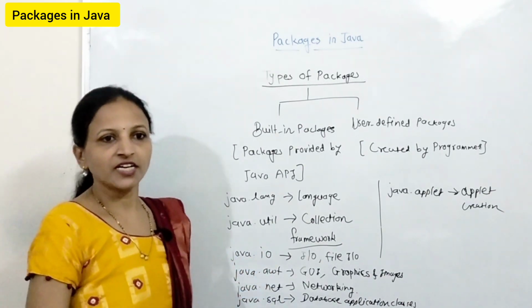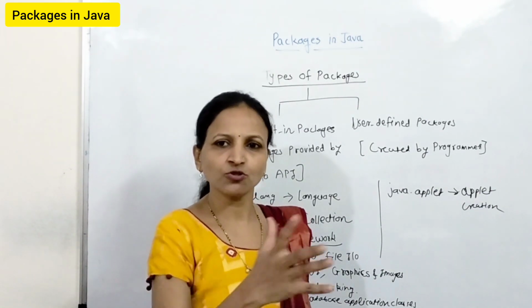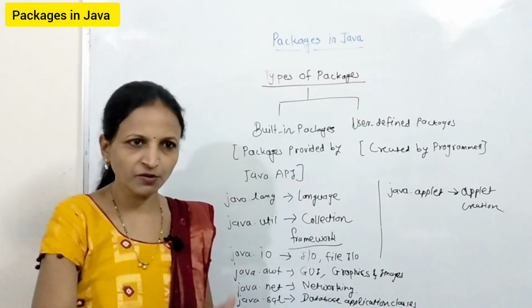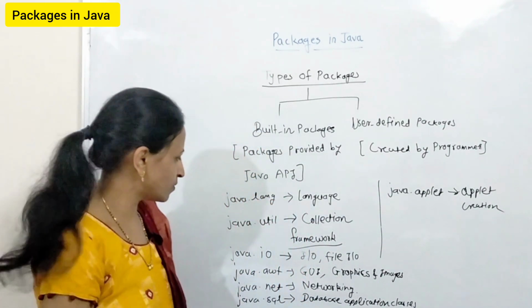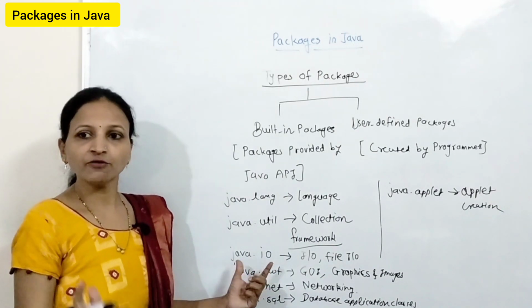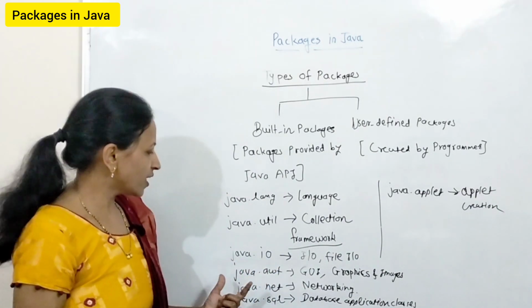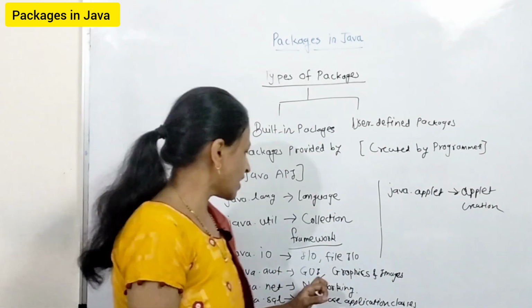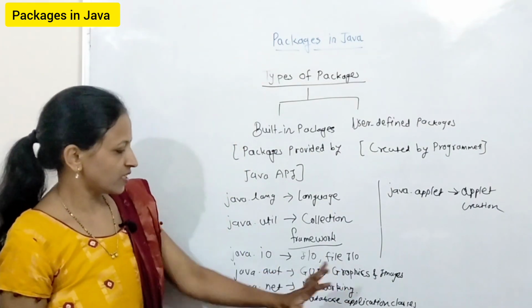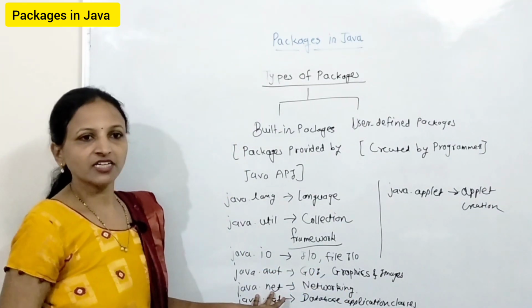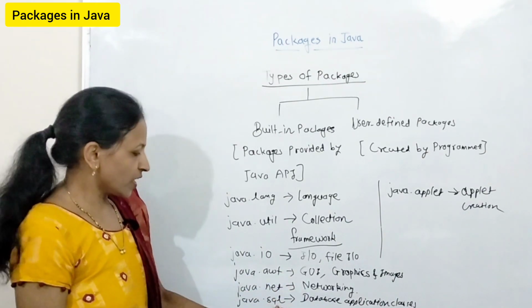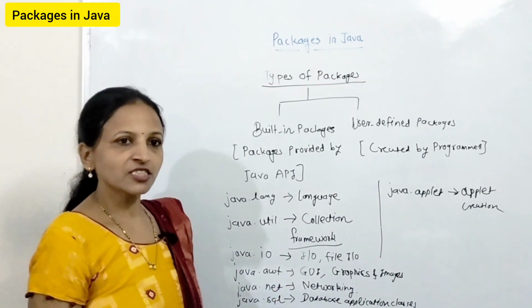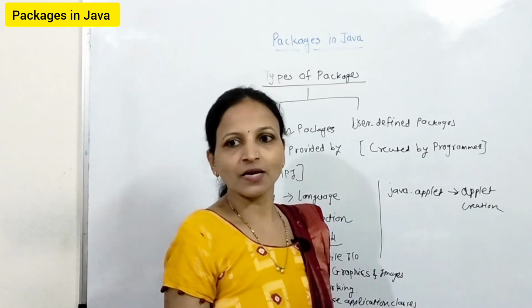Java.io is for IO functionality, whether stream based or normal IO, that is accepting something from the user and displaying something to the user; you can achieve that with the help of java.io. Again, file IO you can achieve. Next, java.awt is for graphical user interface. Java.net is for networking applications, simple, remember, net for networking. Java.sql, SQL stands for database applications.